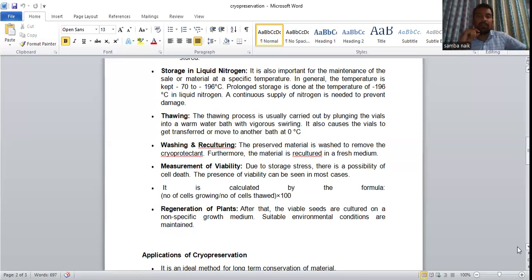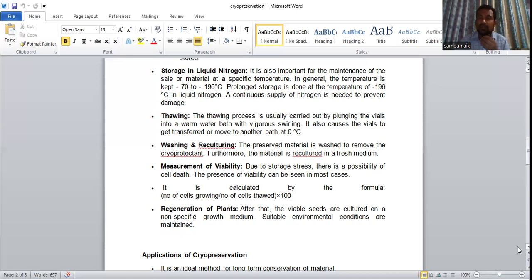After the process is done, we can take the material and go to the thawing process. Thawing is nothing but taking the material out of the frozen state. We isolate the material and give it a slow temperature rise with a warm water bath.